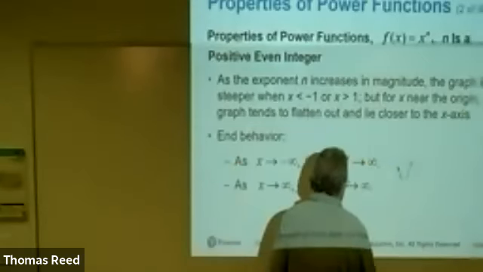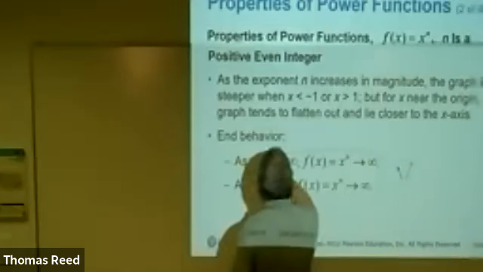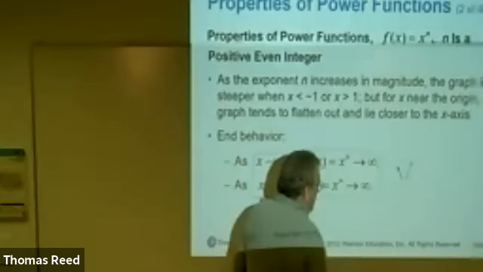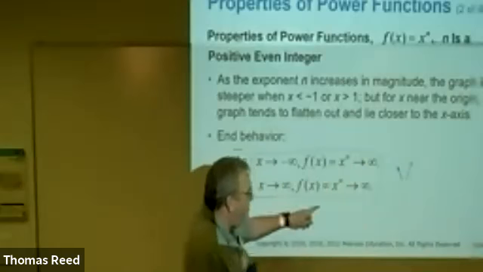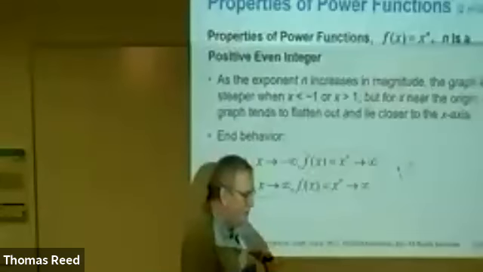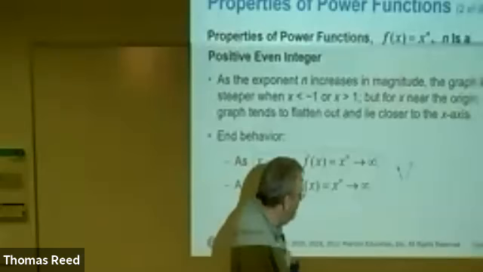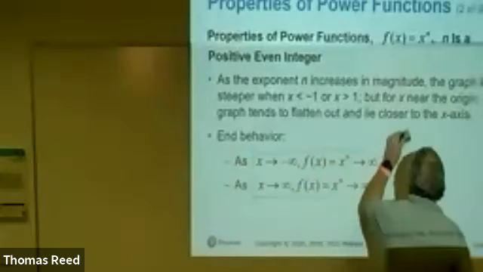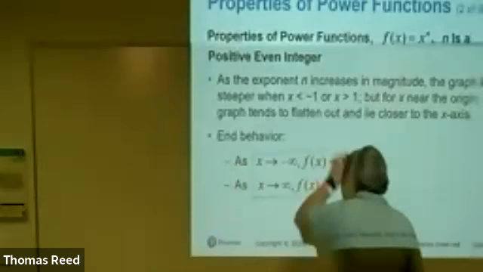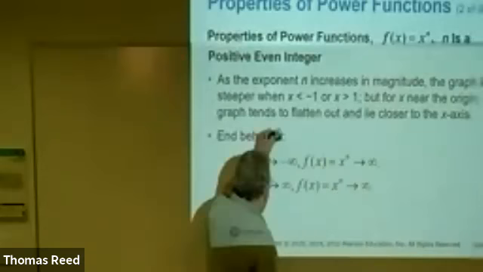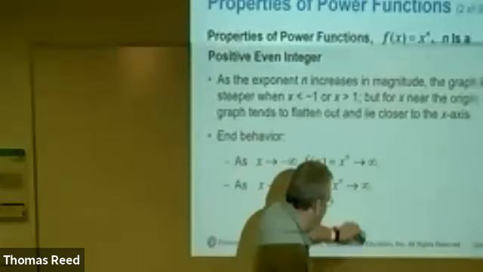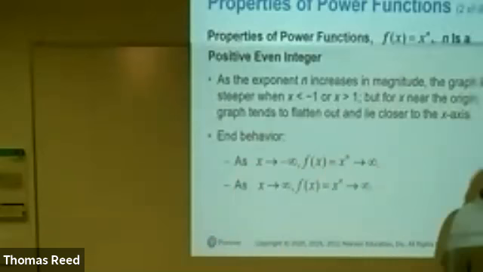Or you can say it goes up to the left and up to the right. So talking about end behaviors, there are several ways of stating it. But we're basically talking about what direction it is headed. Up or down?